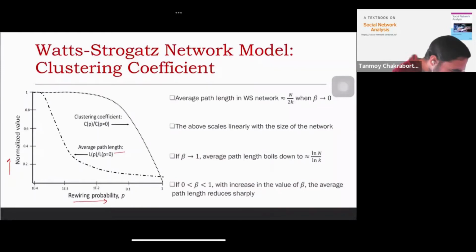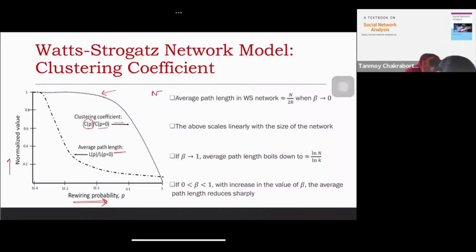Okay, so if you plot the value of clustering coefficient and average path length, with n, the number of nodes, fixed, and you keep on increasing p, what would happen? Let's look at this particular plot. This plot is related to the clustering coefficient. What is C(p)? C(p) is the clustering coefficient at a particular p value.